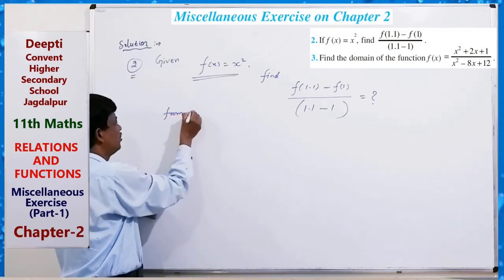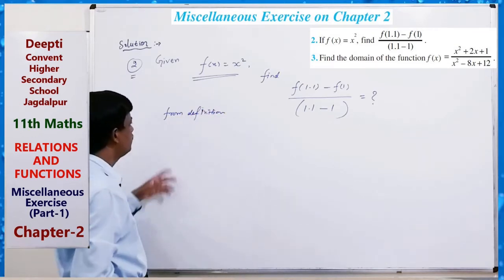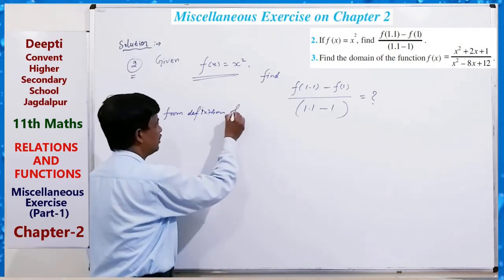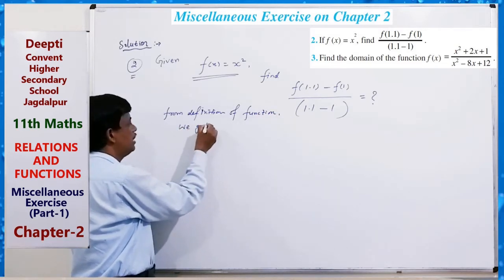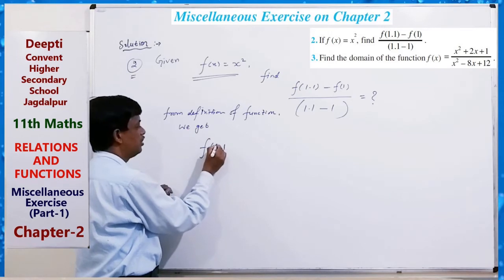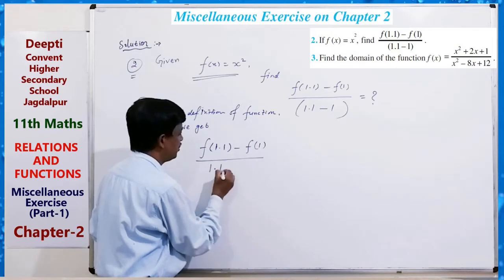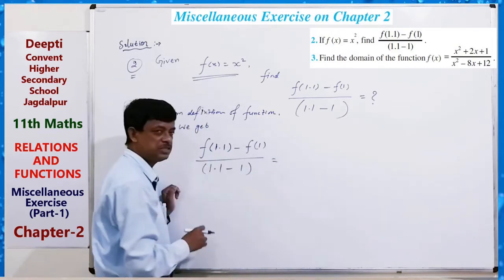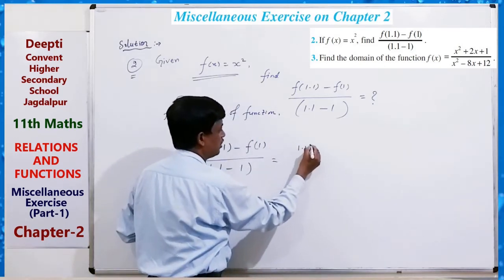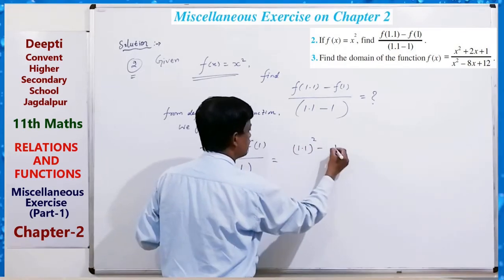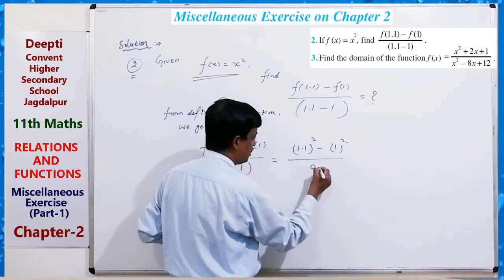From the definition of function, we get f(1.1) minus f(1) upon 1.1 minus 1 equals what? F(1.1) means in place of x put 1.1, so x means x square. So 1.1 square minus 1 square upon 1.1 minus 1, which is 0.1.